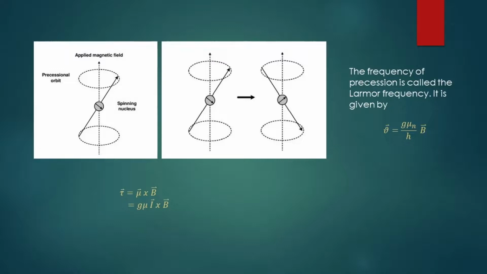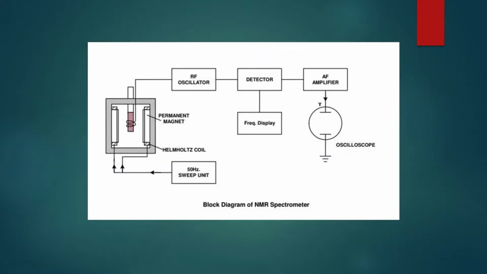Now move to the experimental arrangement. We will use Jaworski's technique in our experiment. The method is based on the changes in the load factor of the oscillatory circuit. The specimen is placed in an induction coil.